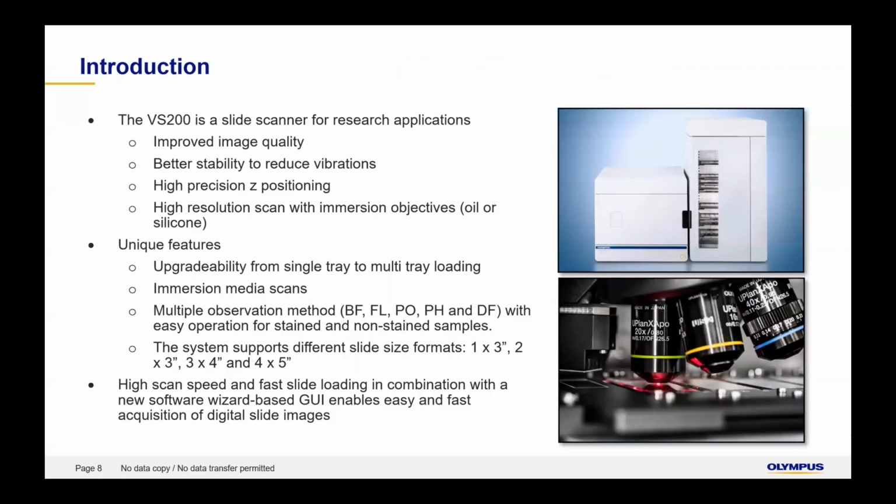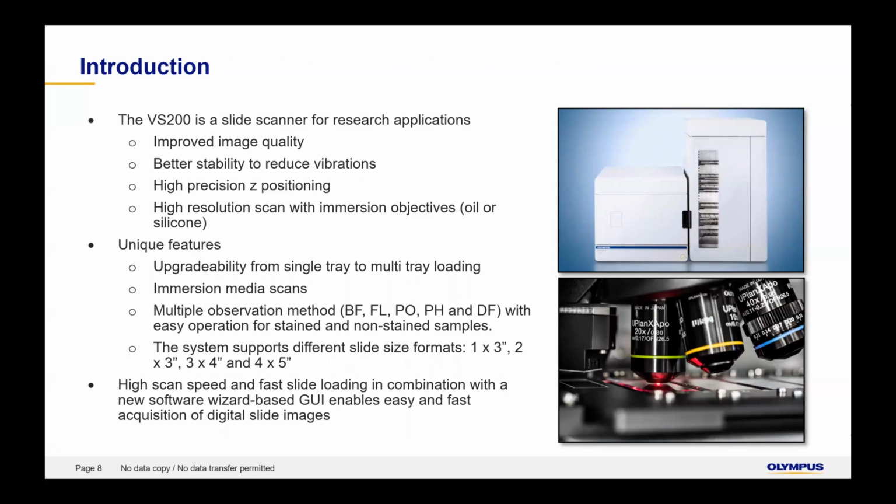So what are some of the notable features of the VS200? We've implemented a more efficient light path in combination with our newest objectives to provide image quality while changing the body of the instrument to ensure that even when you're imaging at the highest magnifications, you get images with minimal stitching and shading artifacts.